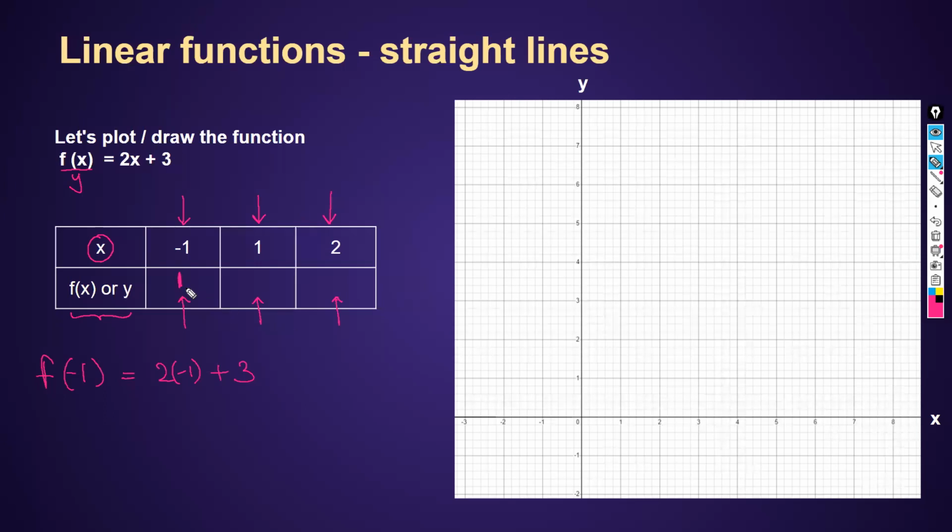And some people said -1. Look at it. I'm not going to be focusing on working out values, because by now, everyone should be real comfortable with positive and negative numbers, okay? So 2 multiplied by -1 is -2. -2 plus 3 is +1.